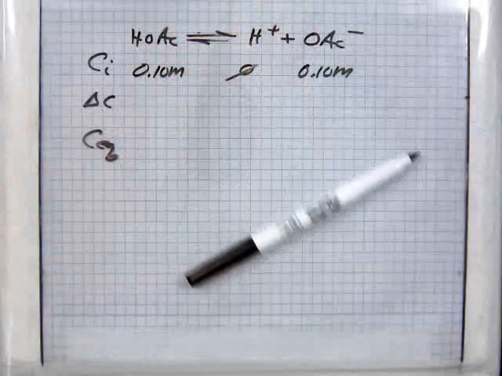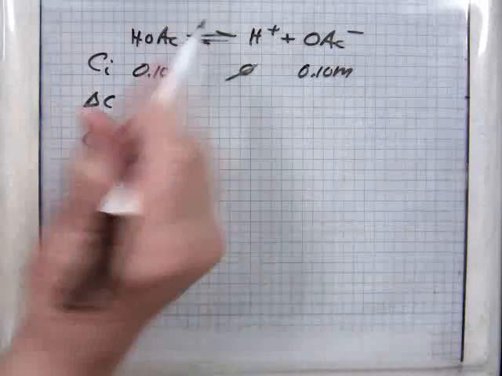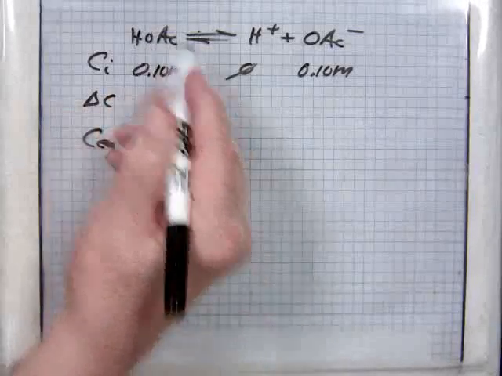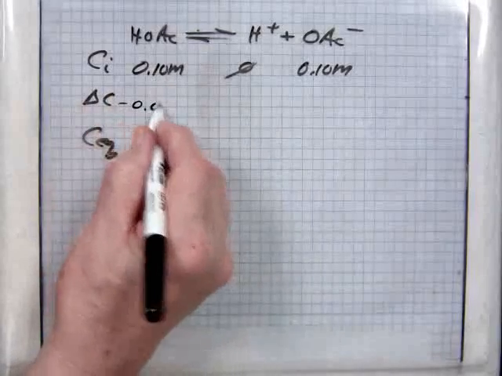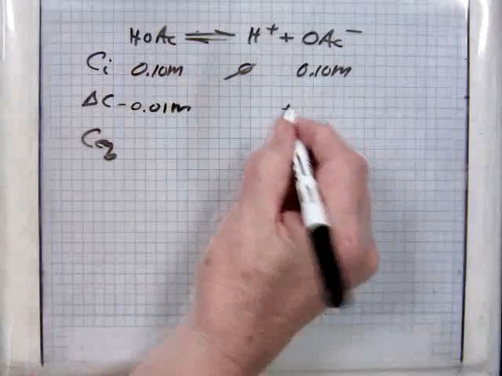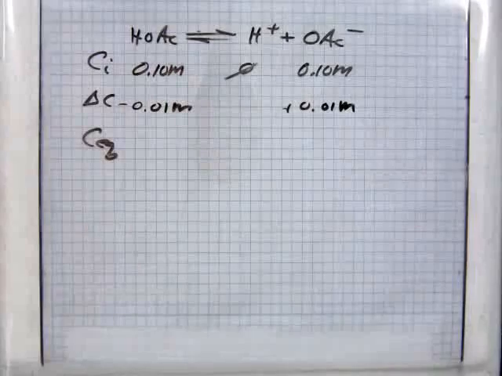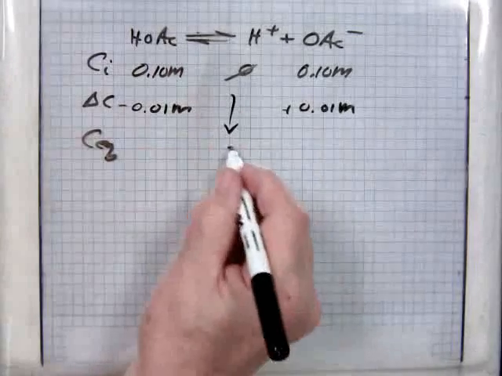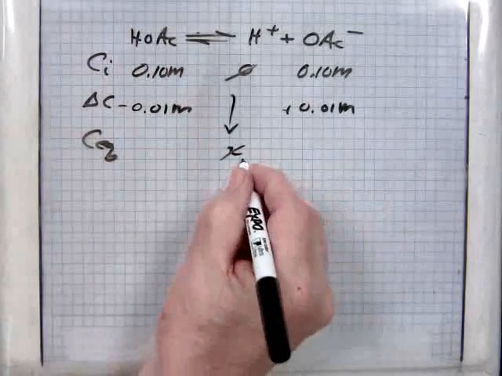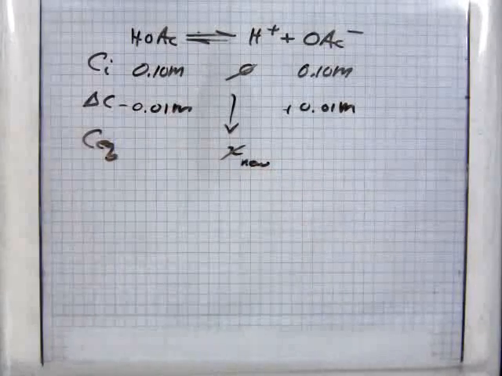And then it's going to shift right, meaning that when it shifts to the right, this has got to go down. So that means we have to take that 0.01 molar out of this side and add it to the right side this time. And that will give us the new hydronium ion concentration based on the chemistry shifting to the right.